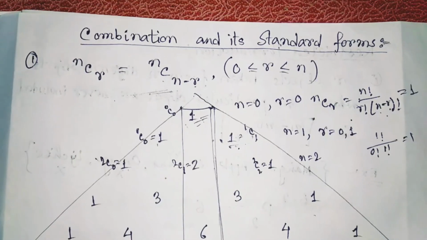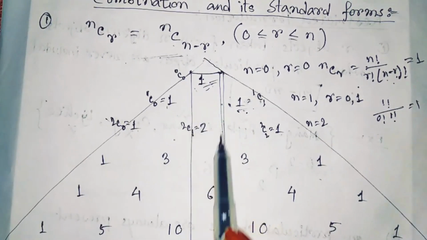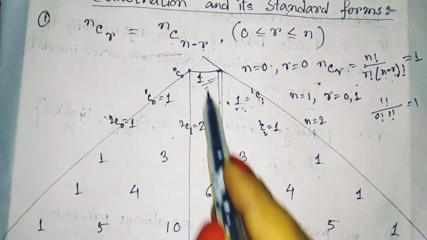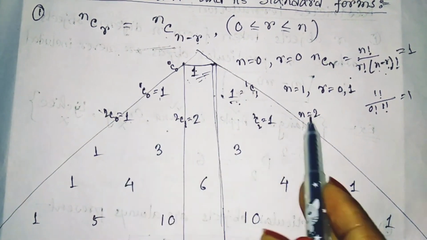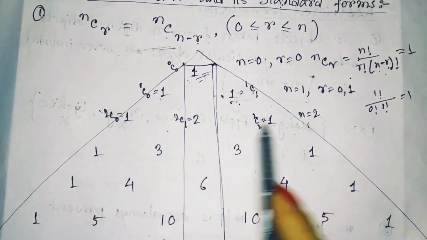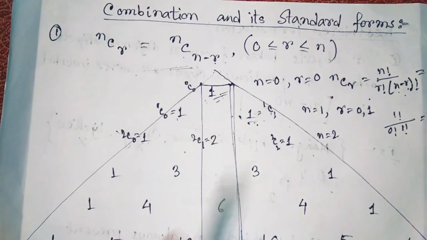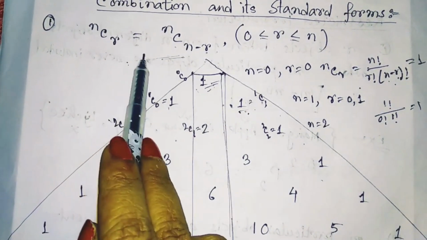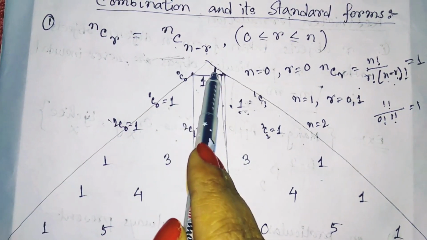Here one more thing is very important to observe: if you take this one as the mirror, then the corresponding equidistant elements are the same. That's why we can say nCr is equal to nC(n minus r).